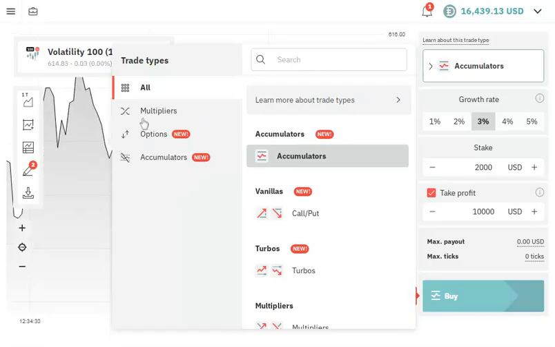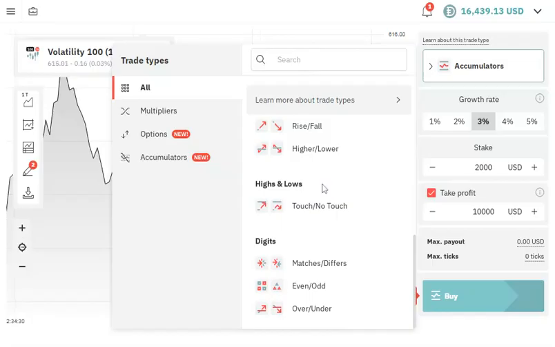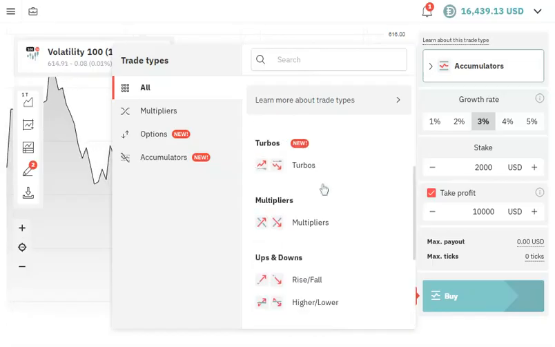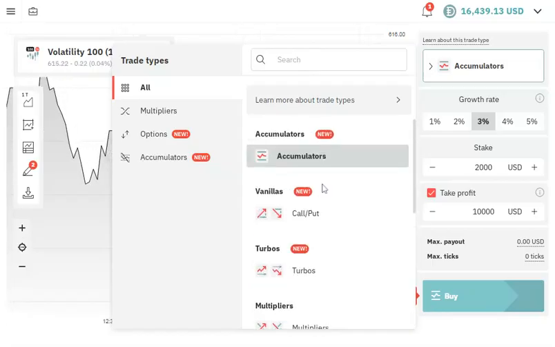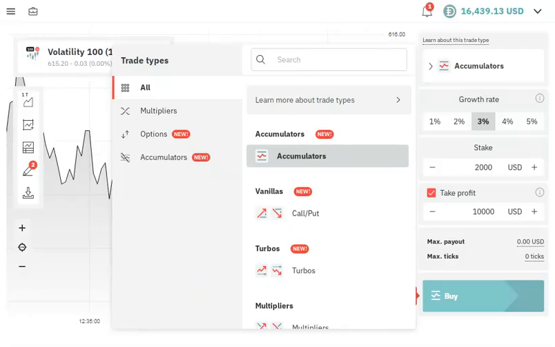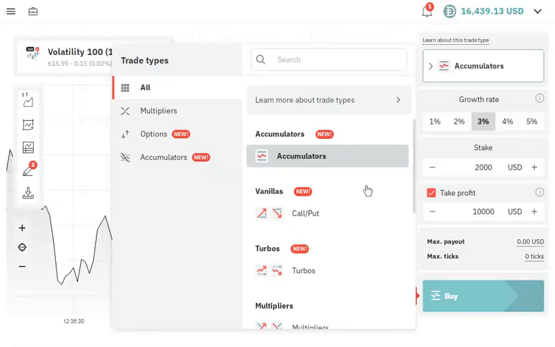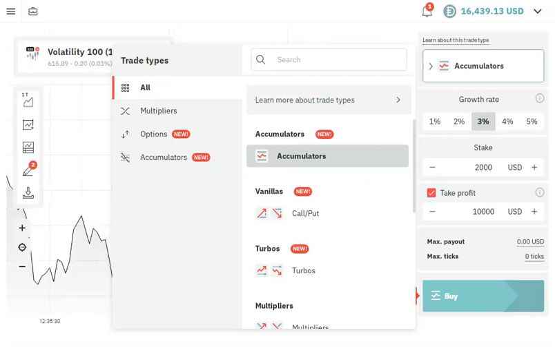We're going to start by explaining all of this to you and then show you how to trade and use them to multiply your win rate percentage, and also to use these accumulators and trade types for profitability in the future.